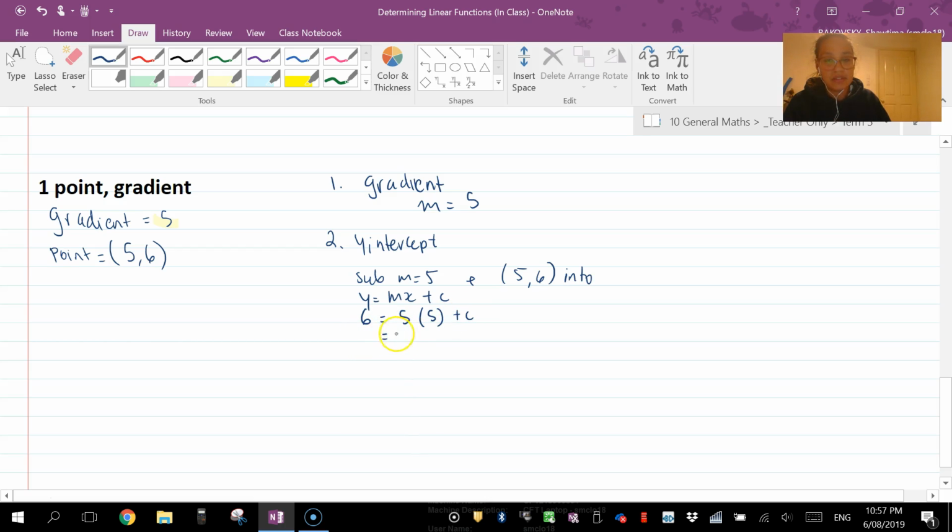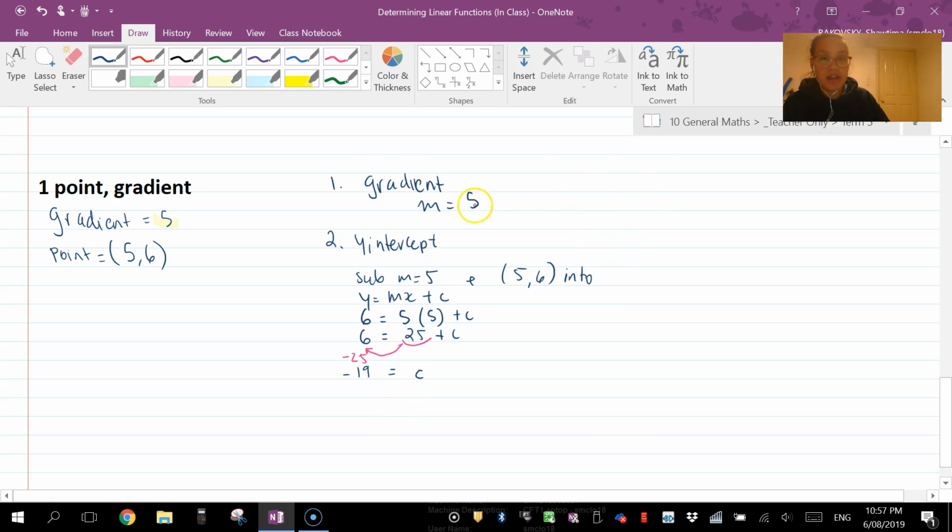So 6 equals 25 plus c. What number do I add to 25 to get 6? So I'm going to take that number and move it. So that is going to be 6 minus 25 is negative 19, and that's going to be our c value.